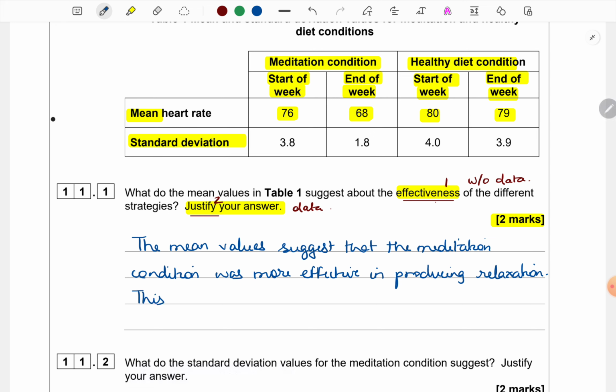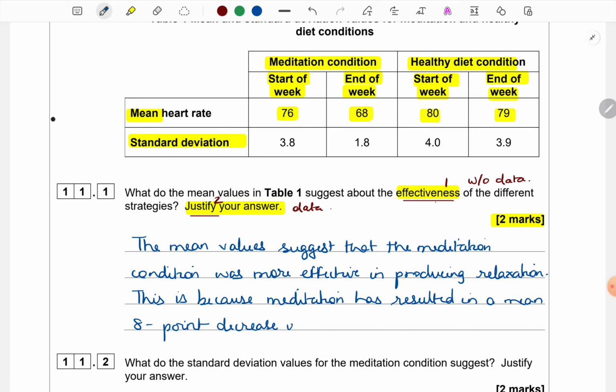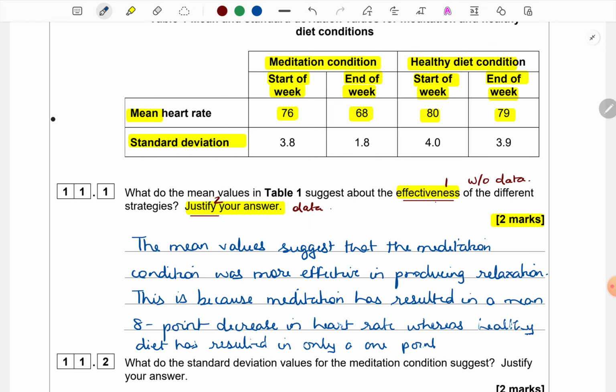This is because meditation has resulted in a mean 8-point decrease in heart rate, whereas healthy diet has resulted in only a 1-point decrease.